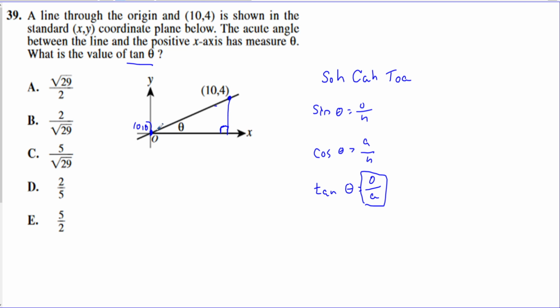We need to figure out the lengths of these sides. Diagonal lines, ones that are not horizontal or vertical, aren't easy to calculate; you'd have to use the distance formula or something like that. But for this one, from 0 up to this point, which is at x equals 10, has to be 10 units.